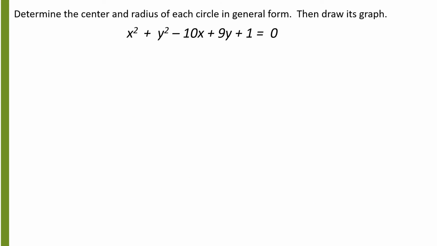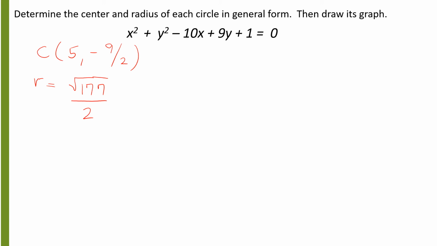Okay, we found out that the center of this equation is what? 5, negative 9 over 2. And the radius is square root of 177 over 2.